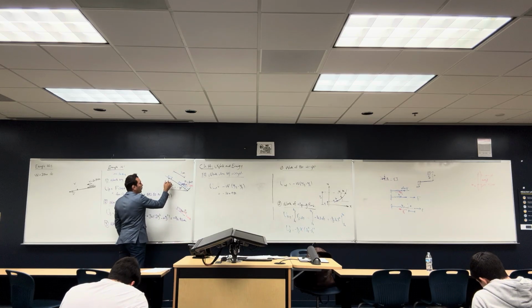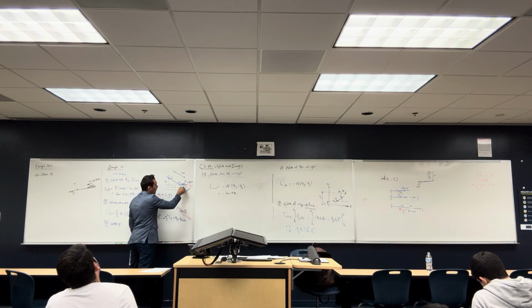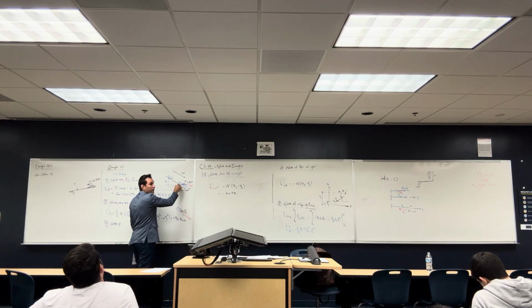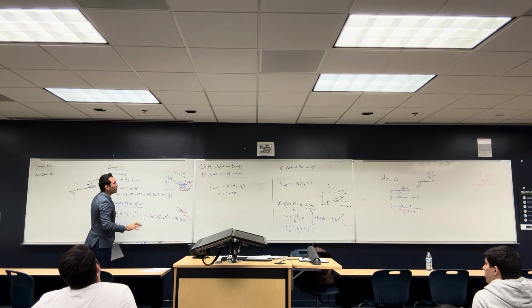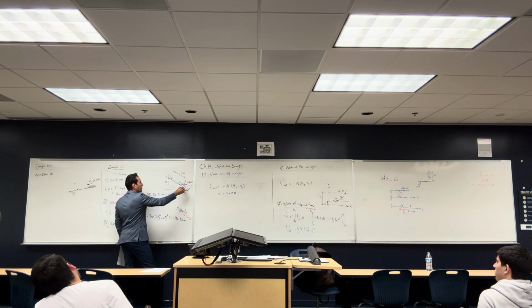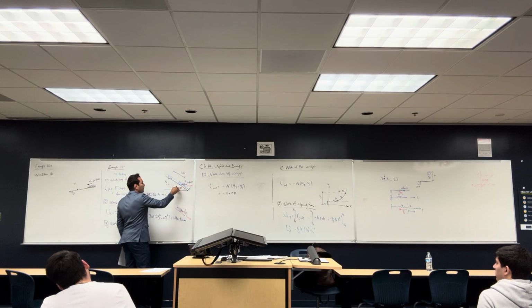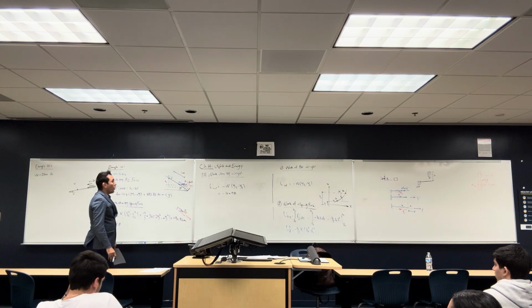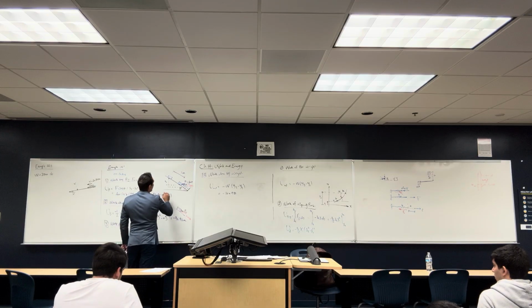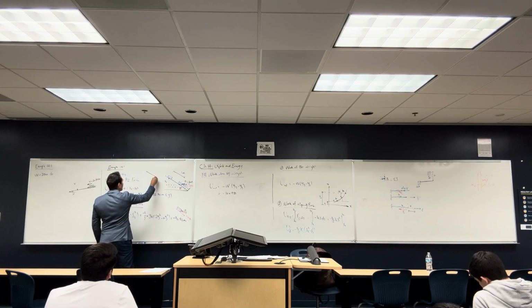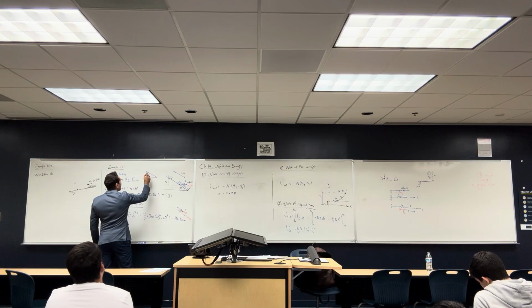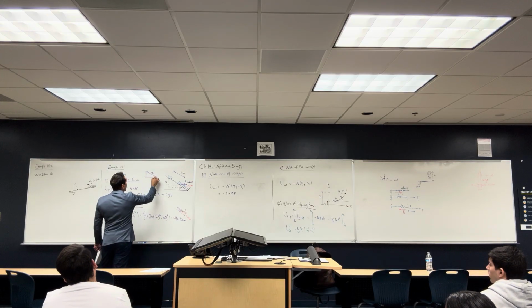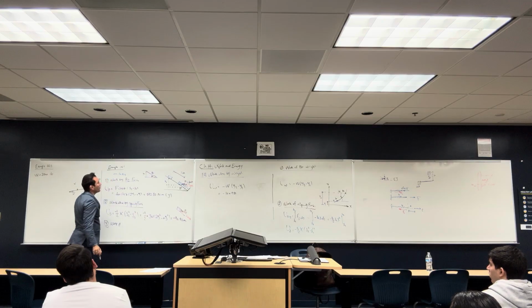You can pick your datum: either the datum is here and the body starts at 0.5 and becomes 2.5, or you make it here, the body is at 0 and goes up 2. It's going to be the same difference. All right, so I need to find Y2. If you know that this is 2, and this is 30 degrees, can you guys find Y?